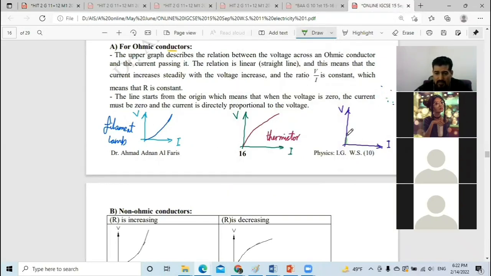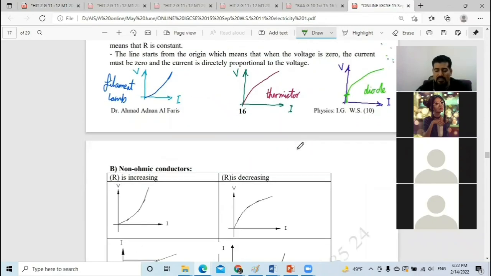It will start from some value here, then goes to be curved like this. And this is the diode. So it will be 0 until a certain value, then start to be curved like this. These are the three non-ohmic materials that we have to study.